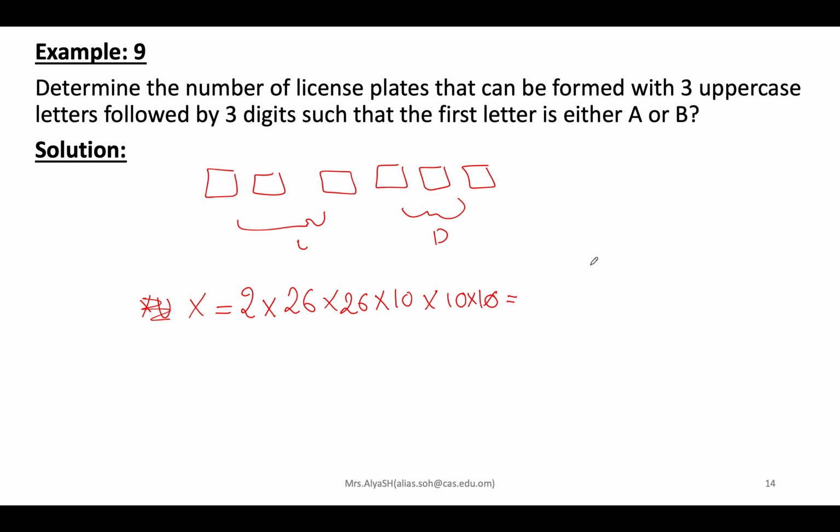So we got the same result, which is 1,352,000 ways. So either we use this approach or the one before.